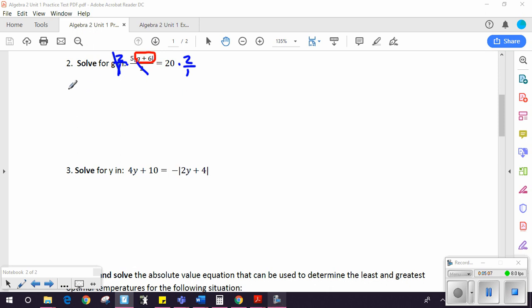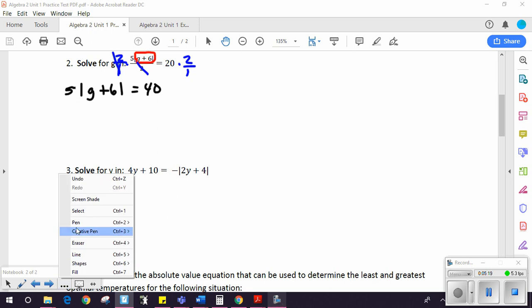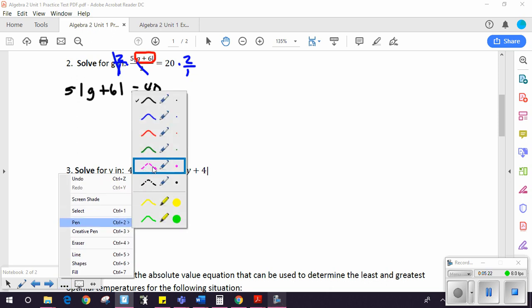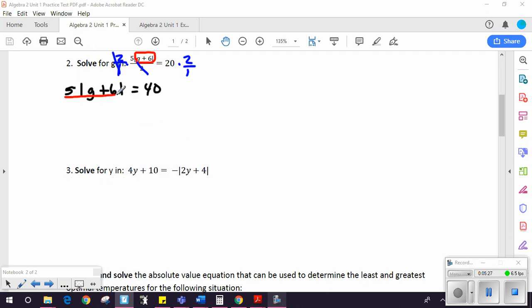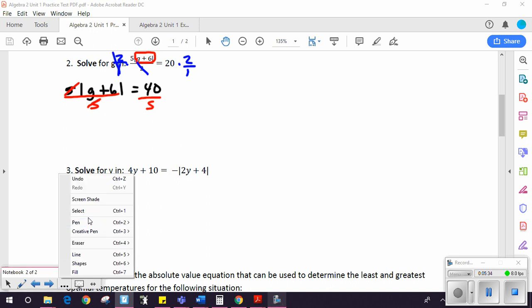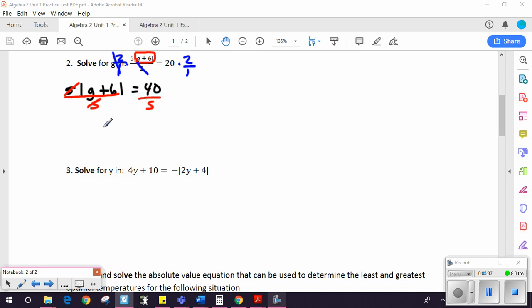In doing so, I will have 5 times the absolute value of g plus 6 is equal to 40. As you notice, my absolute value is still not by itself because of that 5. So now I would divide both sides by 5 to get rid of that 5 from in front, which would leave me with the absolute value of g plus 6 is equal to 8.